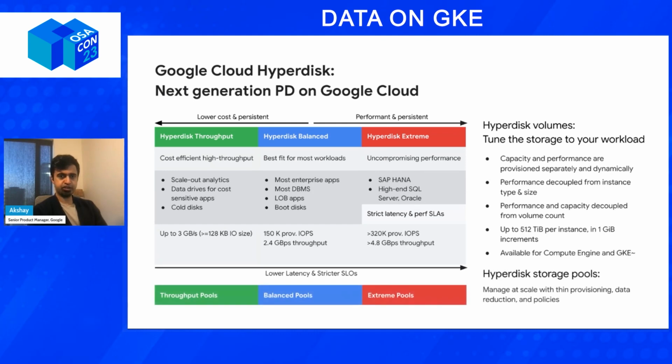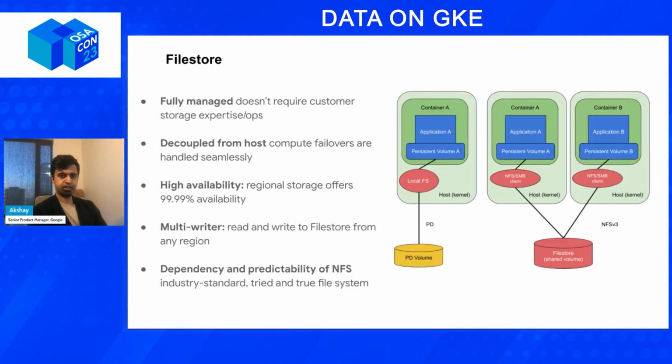The other is Filestore. As I said, Filestore, unlike Persistent Disk, is a decoupled, managed regional endpoint. It's simpler to use, as in you don't need much storage administrative experience, because it's a fully managed NFS endpoint. And the thing about Filestore which is unique is it's both multi-reader and multi-writer.